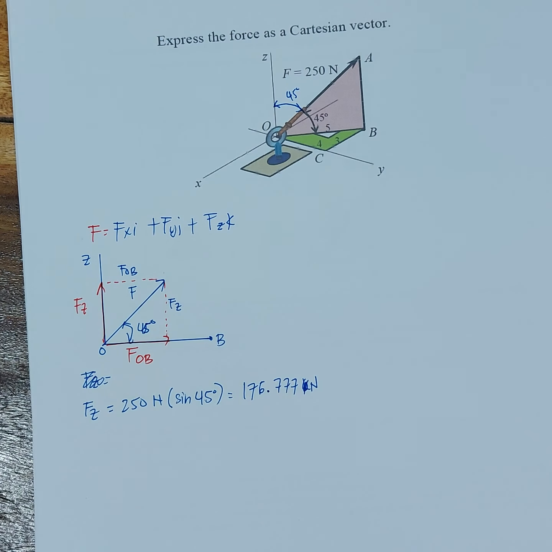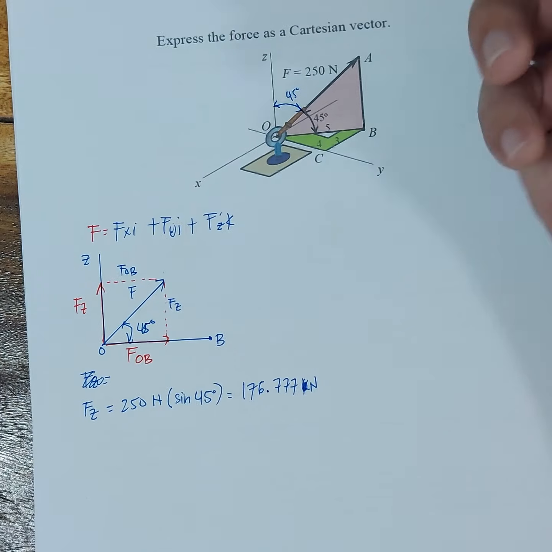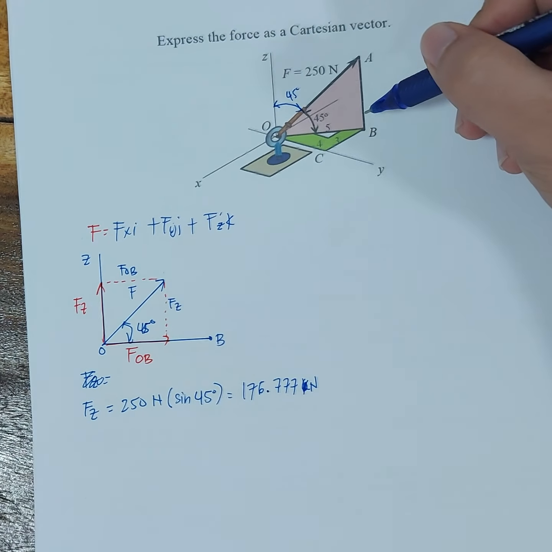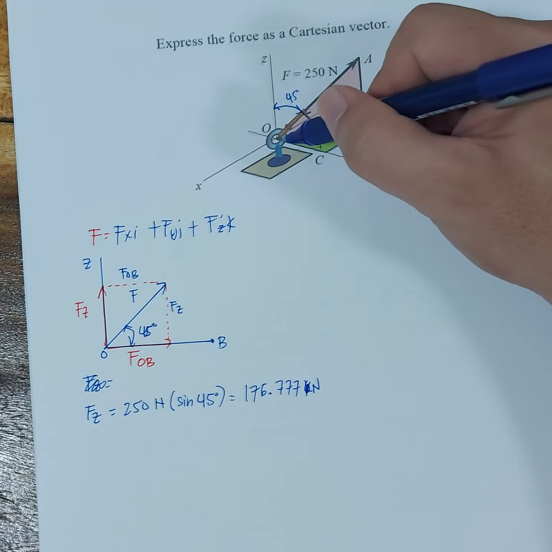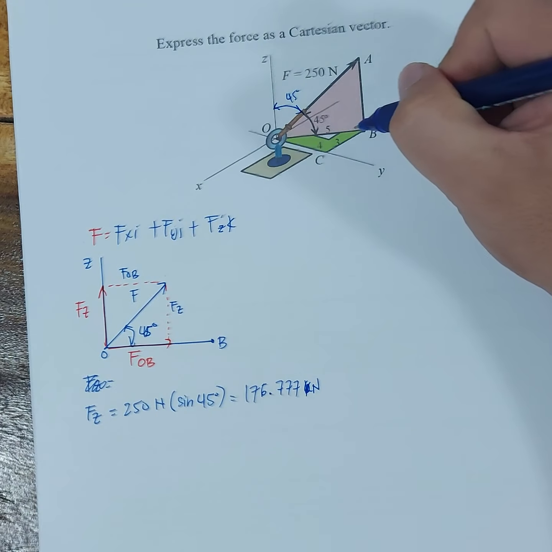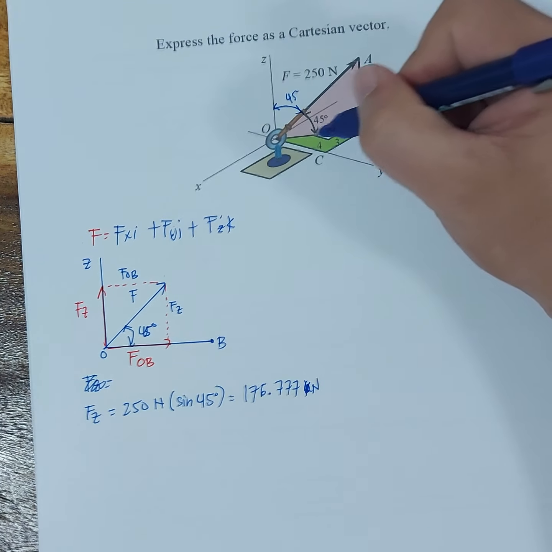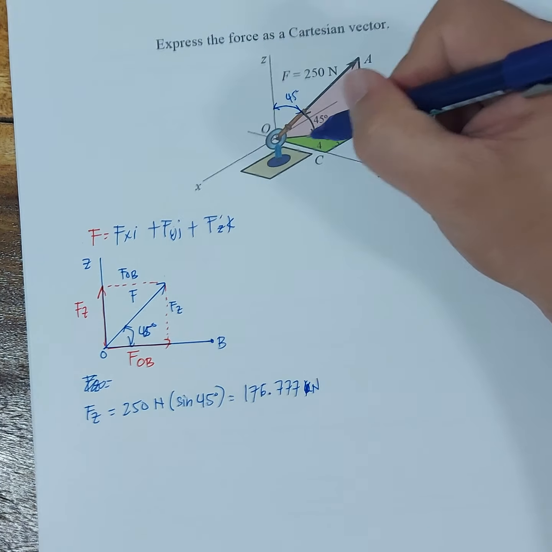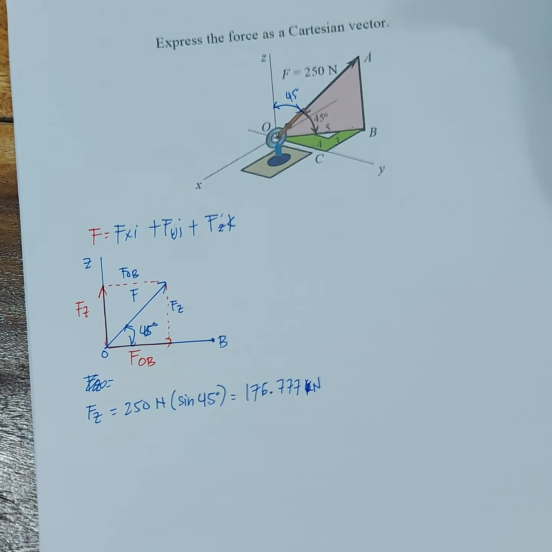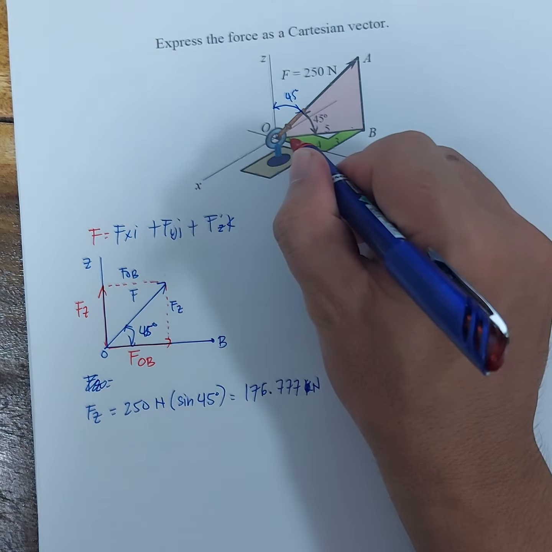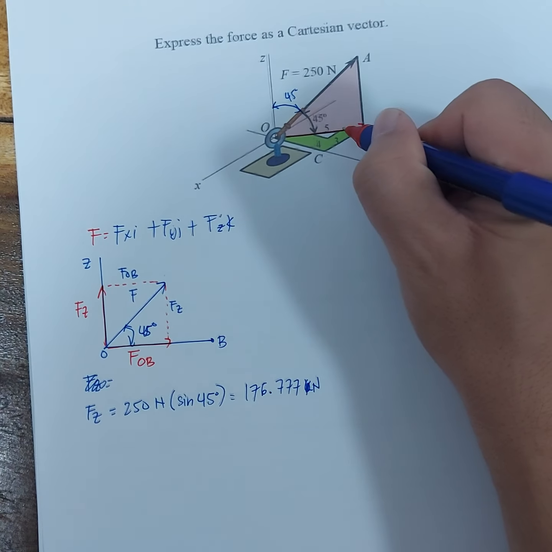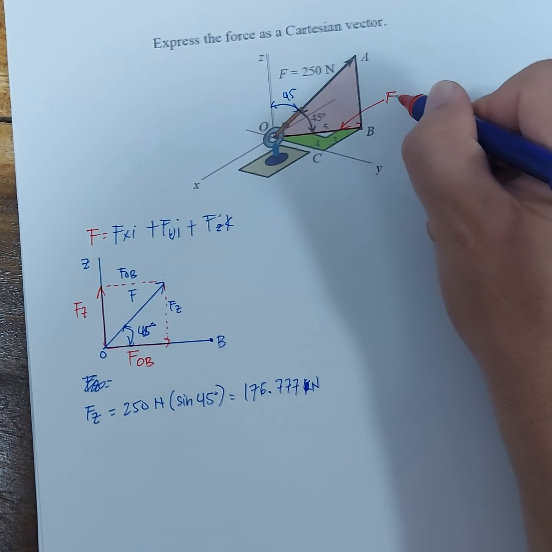Next, solve naman natin Fx and Fy. Now this time, we need to solve for yung FOB, and then after which, kunin naman natin yung components ng FOB along Y and along X. Okay, so ganun yung diskarte natin. Solve muna natin yung force dito. That is FOB.